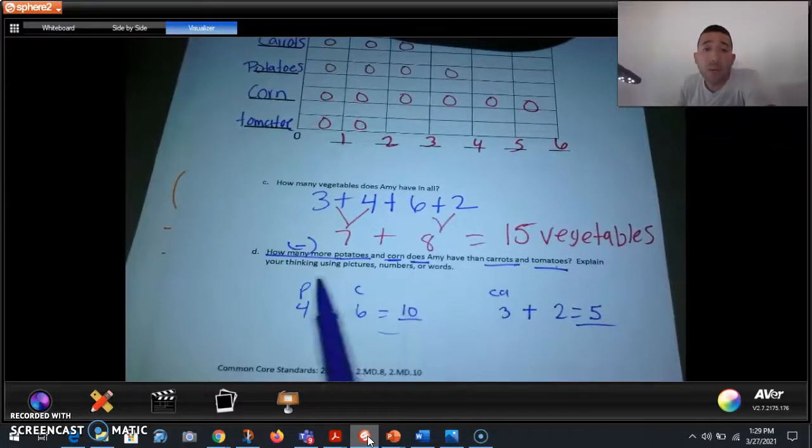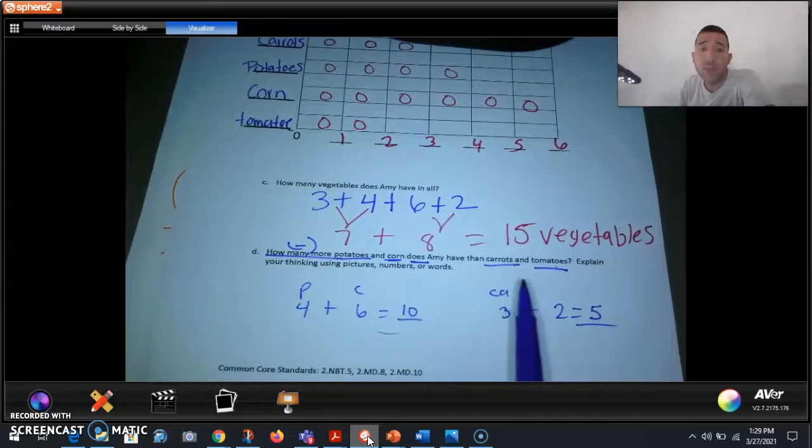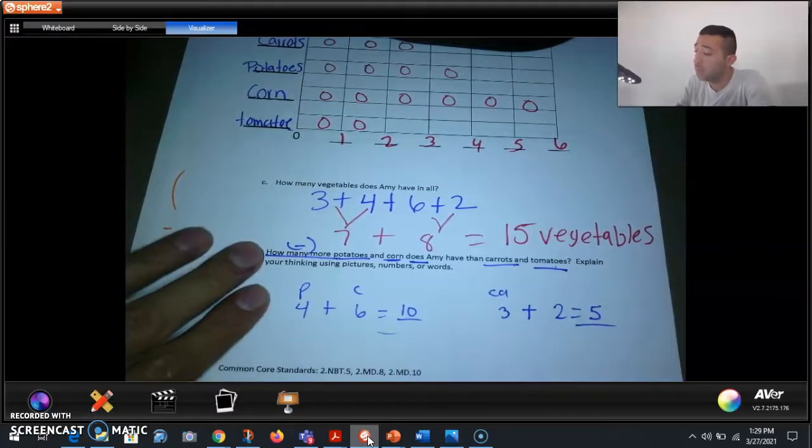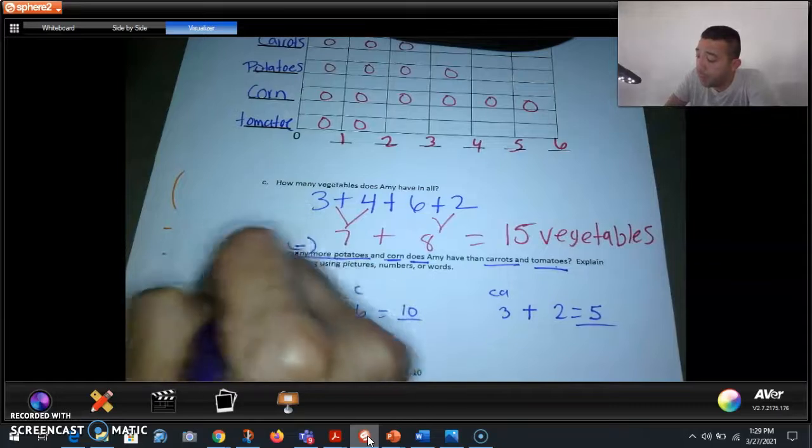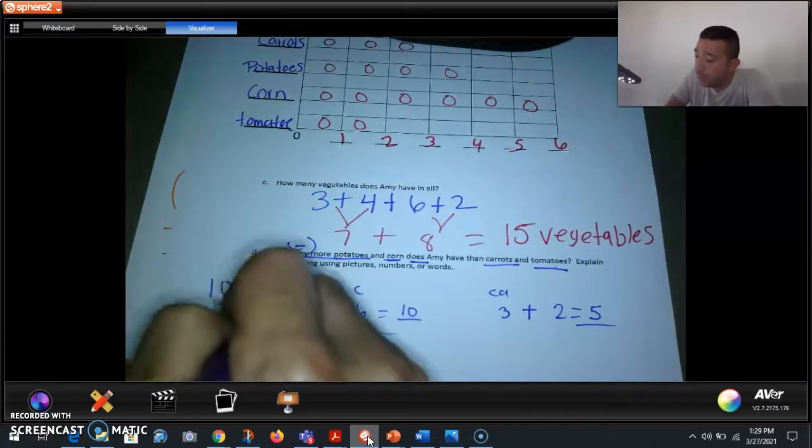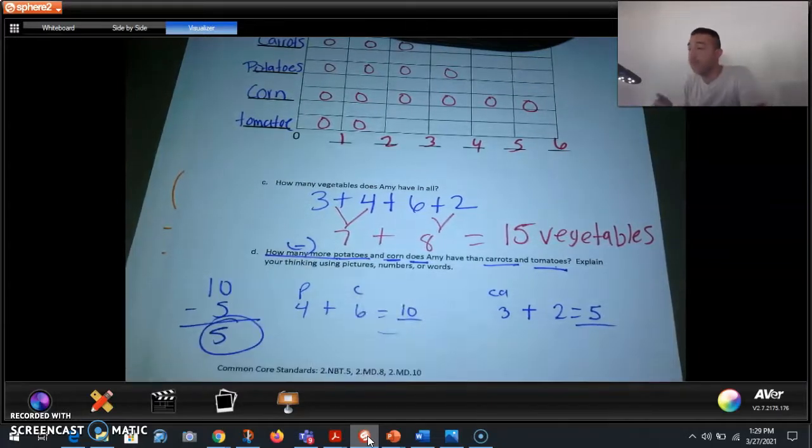Now, how many more potatoes and corn does Amy have than carrots and tomato? So that means we're going to subtract 10 minus 5. And we know that 10 minus 5 equals 5. So my answer is 5. Right? There are 5 more potatoes and corn than carrots and tomatoes.